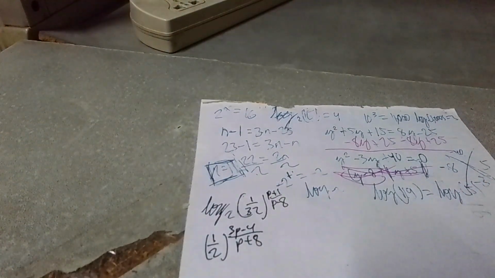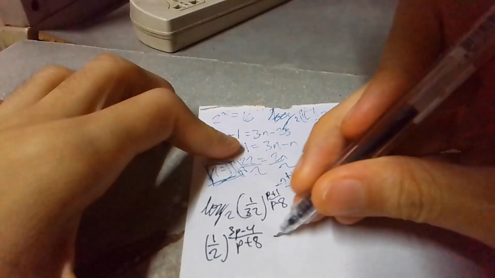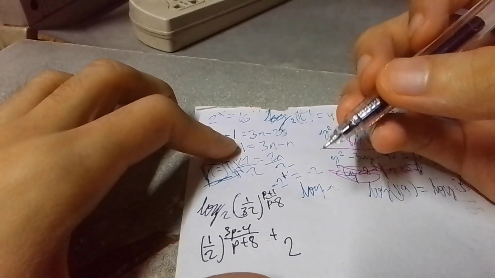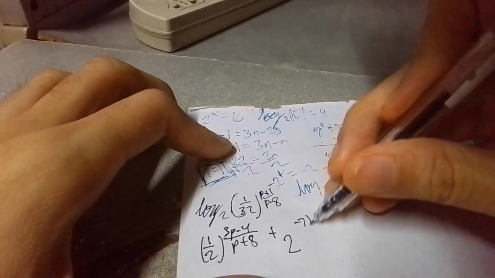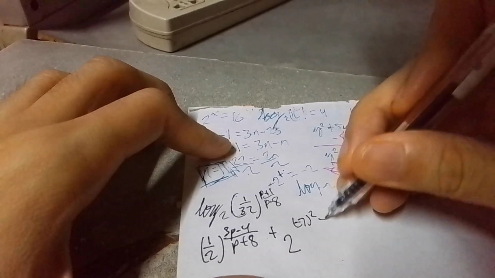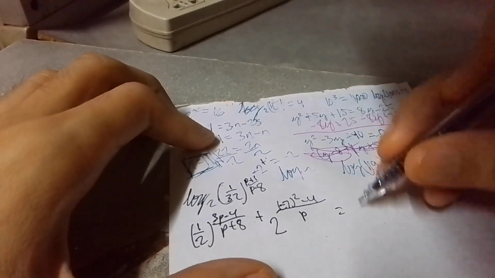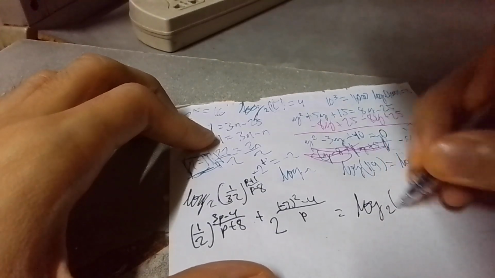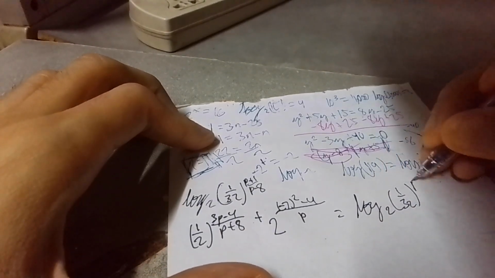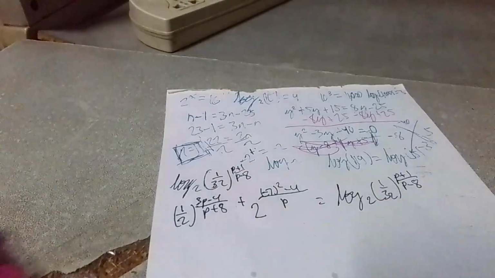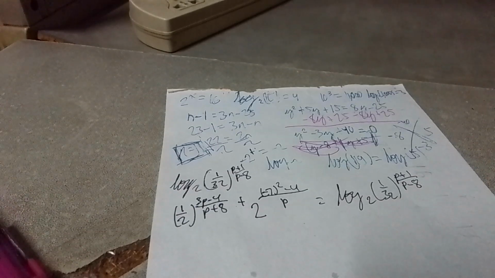And then it's being multiplied by 2 raised to the negative 7 squared minus 4 all divided by the p power. And that's equivalent to log base 2 of 1 over 32 raised to the p plus 1 minus p minus 8 power. So that's how it's meant to be rewritten.